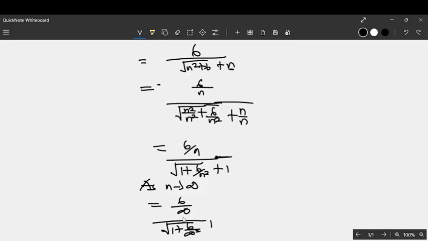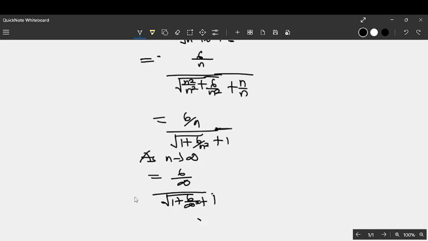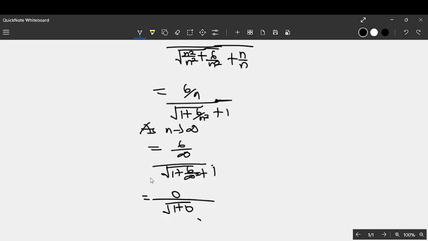Then the next thing to do is to evaluate. 6 over infinity is 0, so we are going to have 0 over the square root of 1 plus 0, then plus 1. When we evaluate the whole thing, it tends to 0.